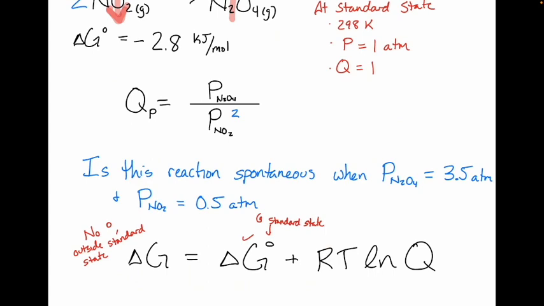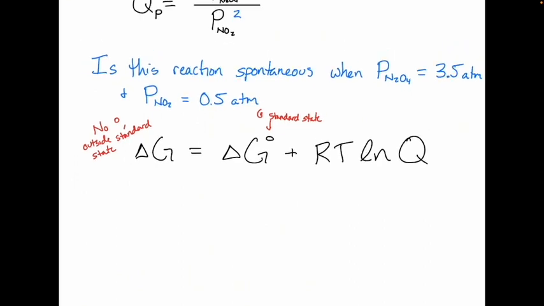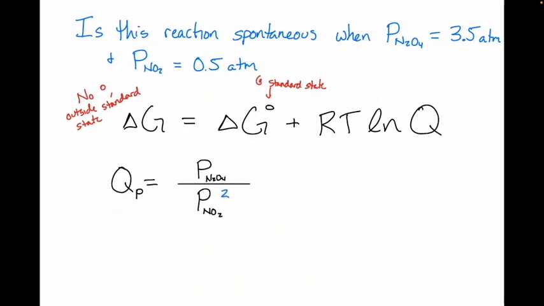So everybody take our equation here and calculate Q for this set of conditions here. Right, for this reaction here, our Q will be 14.